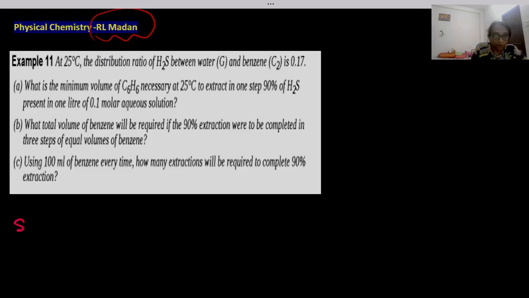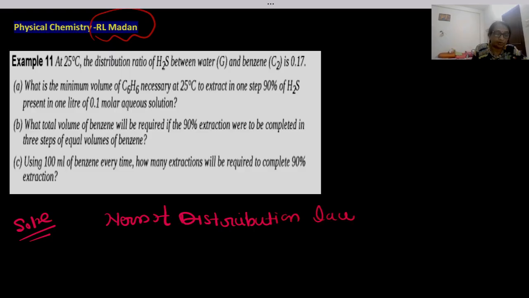क्वेश्चन, and according to the given question, this problem is based on the Nernst distribution law. Nernst distribution law से related है ये problem, and what does the distribution law describe? It describes how a solute distributes itself between two miscible solvents at equilibrium.